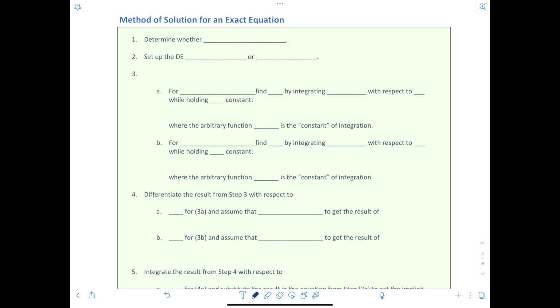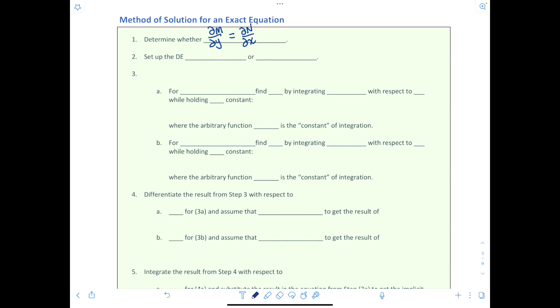So first of all, determine whether it's exact. So is the first partial of m with respect to y equal to the first partial of n with respect to x? If it is, you can move on. If not, I show you a method where you can use an integrating factor, but you might want to check out another method if it's not.